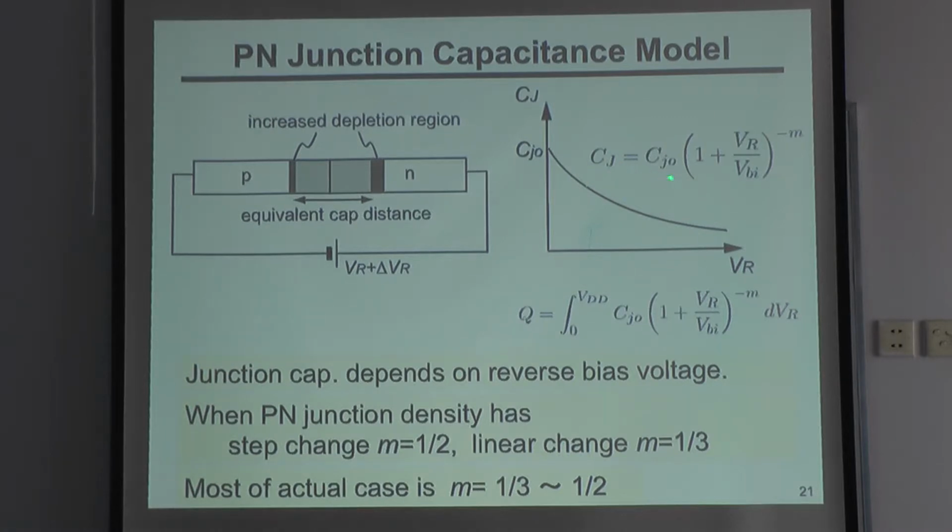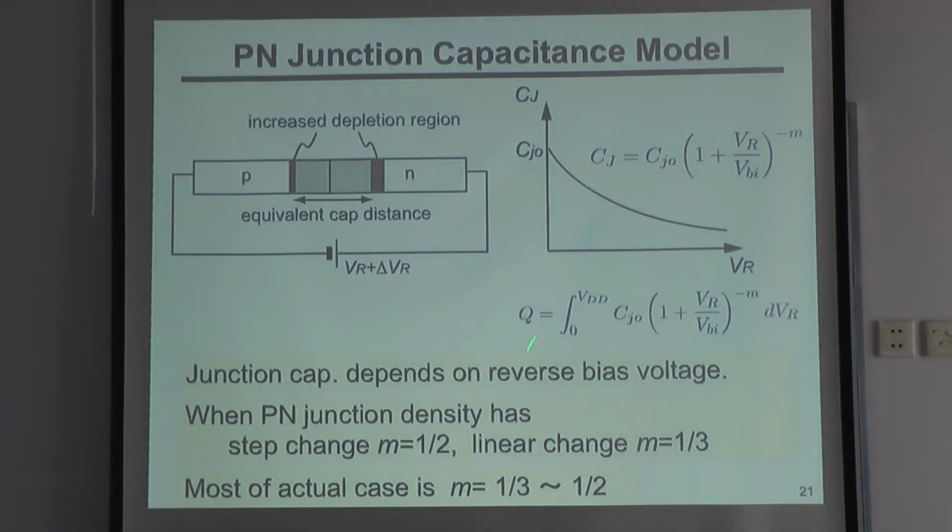And the equation is like this: Cj0, this is the built-in voltage and reverse bias voltage, and the slope of this curve is expressed as n.